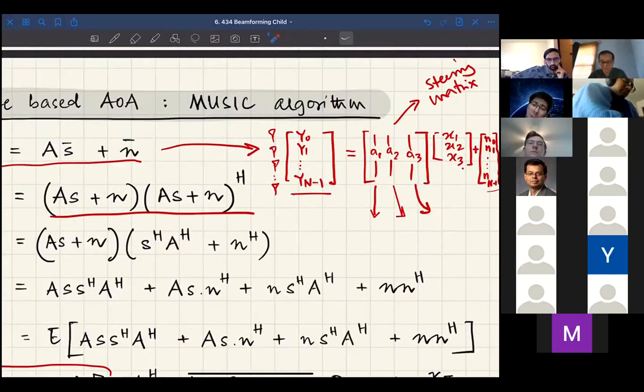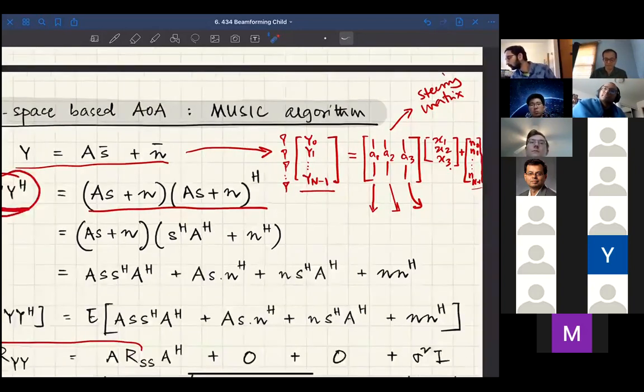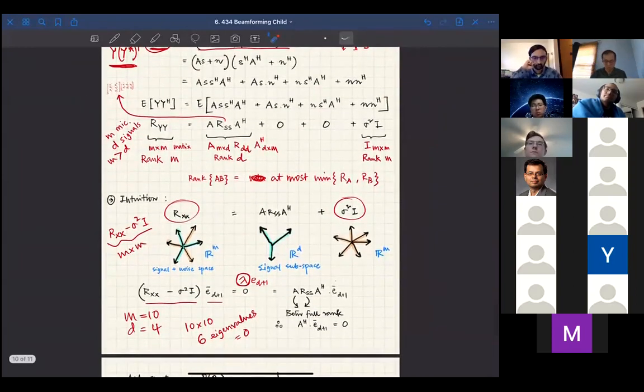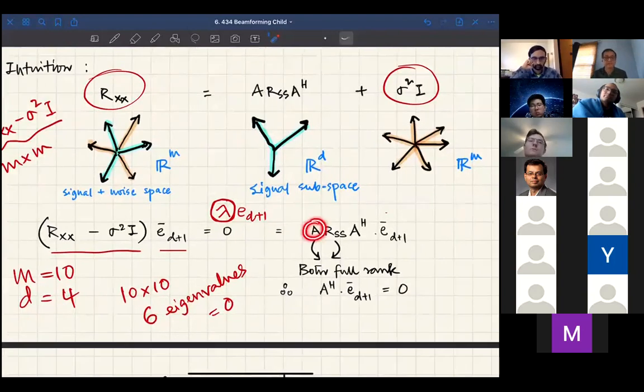You can prove that this A matrix is full rank because as long as signals are coming from different directions, all these columns will be linearly independent. There's a proof that says the delays that happen from different angles are always linearly independent. This is called the Vandermonde property. So A is full rank. If A is full rank, A times this eigenvector cannot give you 0.